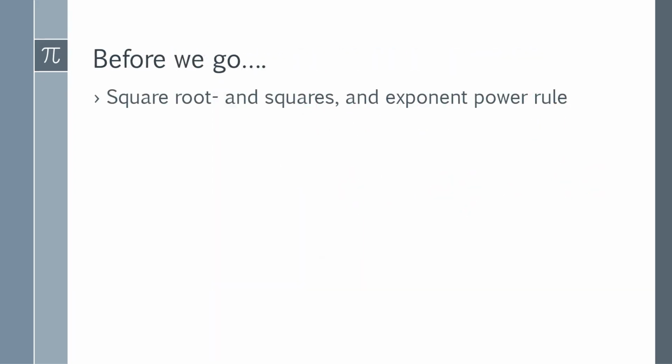Before we go, we have to address the square root and squares and exponent power rule. Now remember what I told you earlier. For example, if I have an exponent of x squared, and then if I have an exponent of square root, guess what's going to happen to those?